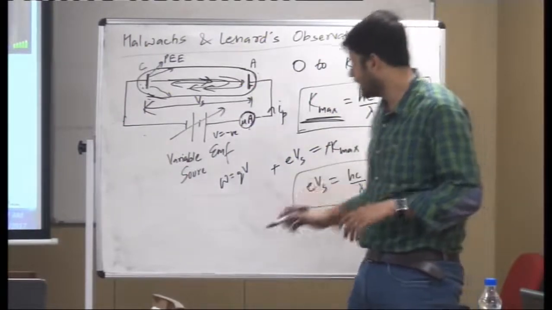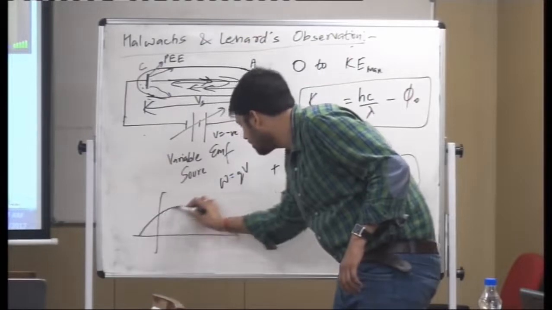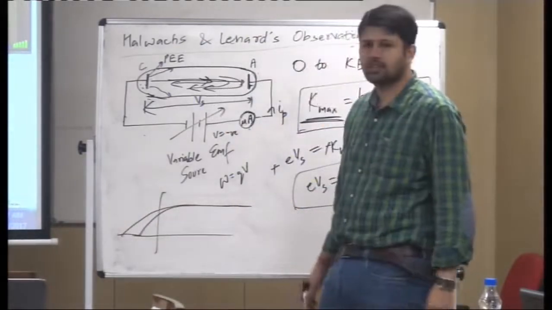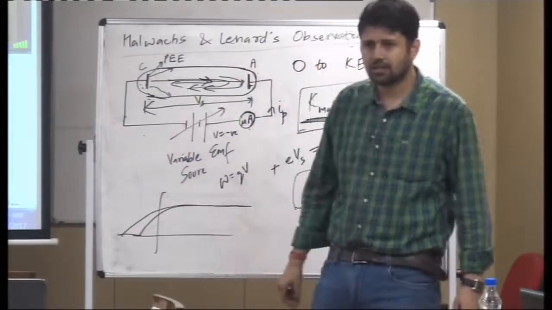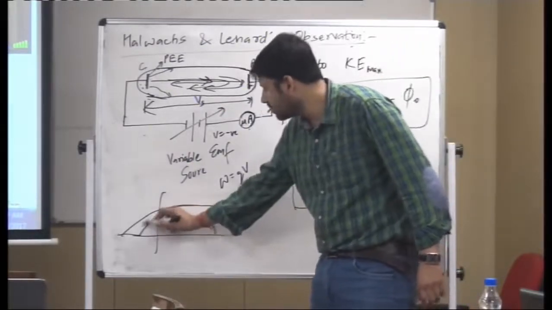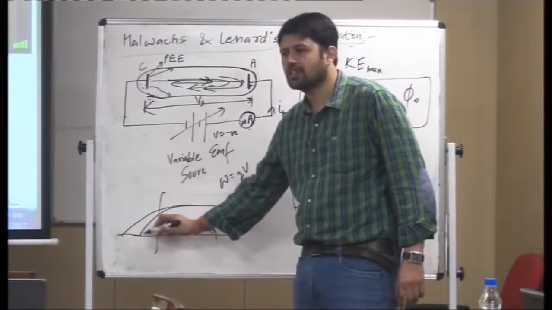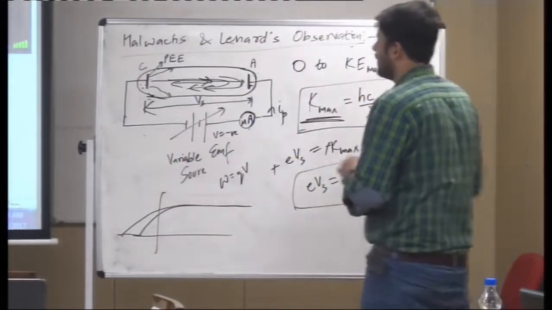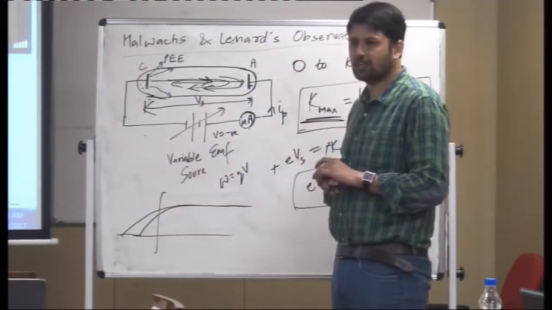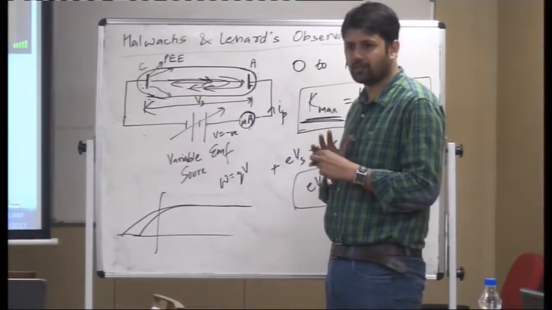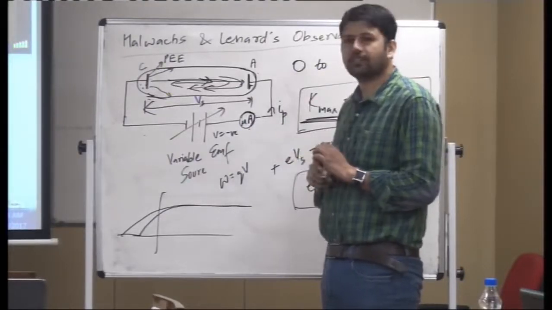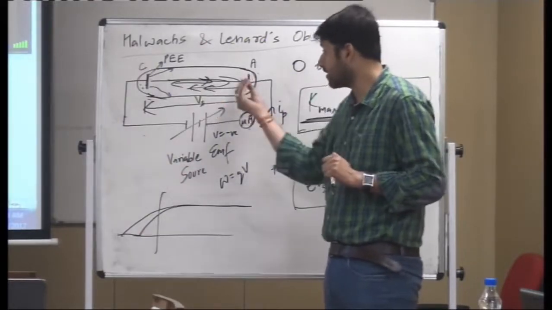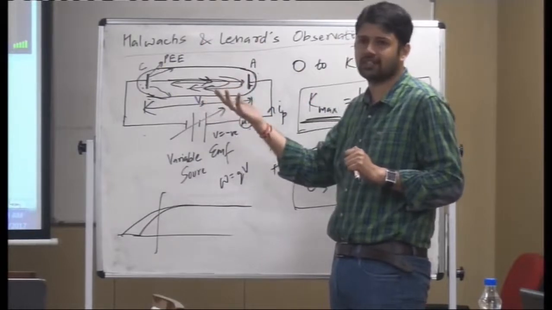That was indicated by this graph. If the intensity was the same, the saturation current was the same. The small difference in values was because, when voltage was 0, in the case of energetic photons the electrons move quicker, so some time advancement is there.